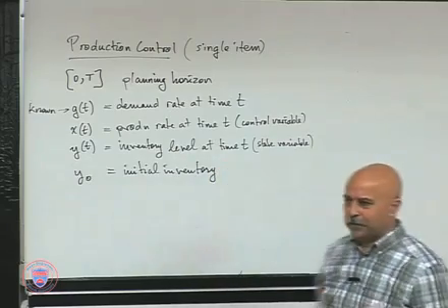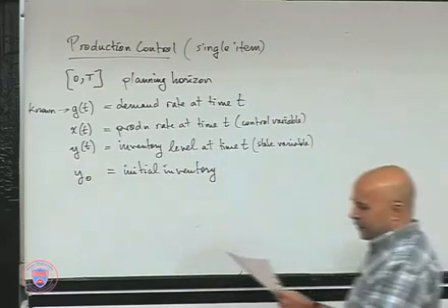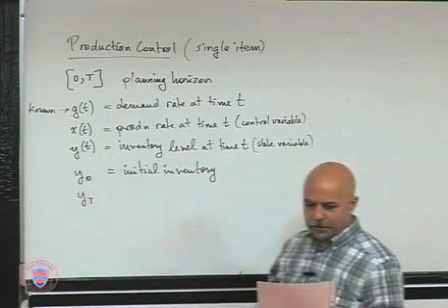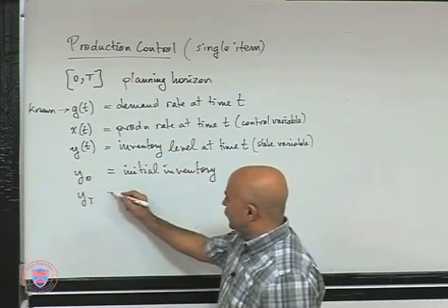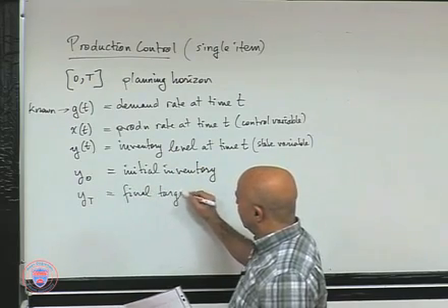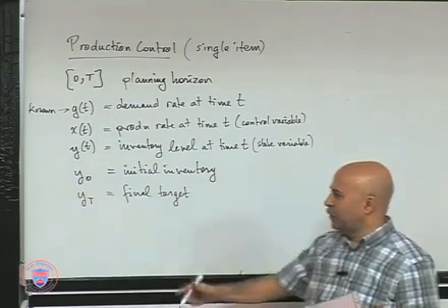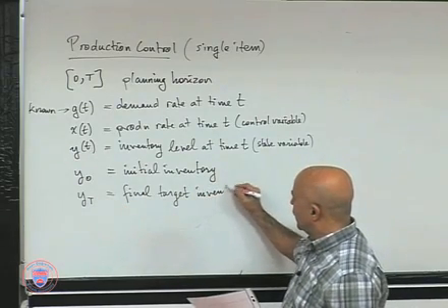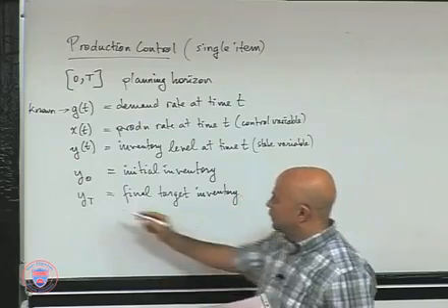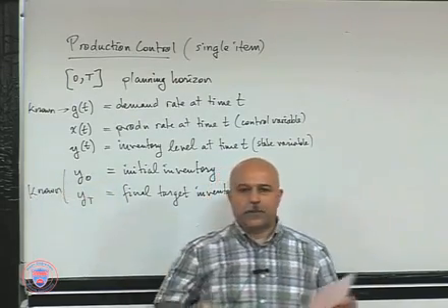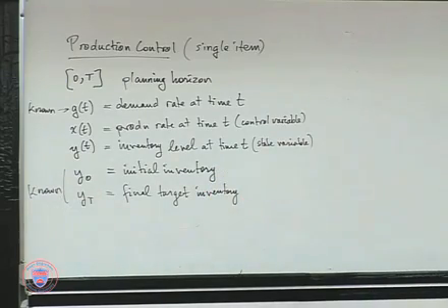So just think of it that way. Y T is your final target inventory, if there's a target. If there's none, you may make it a variable. These are also known, or you specify them numerically.